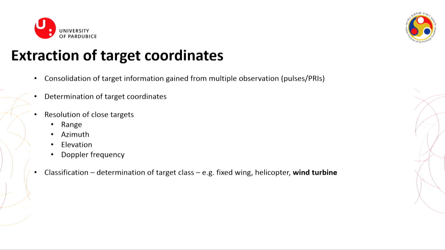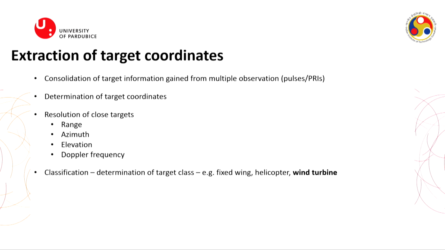We make sampling, we gather all information from all pulses, and then we need to fit which pulses correspond to the same target. Is it one big target, or two small targets flying close to each other, and so on. And in these steps I determine target coordinates.